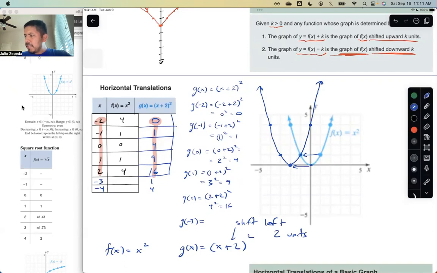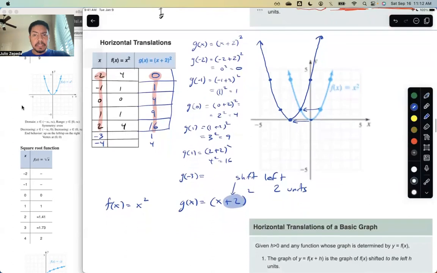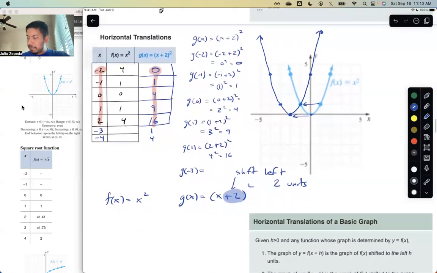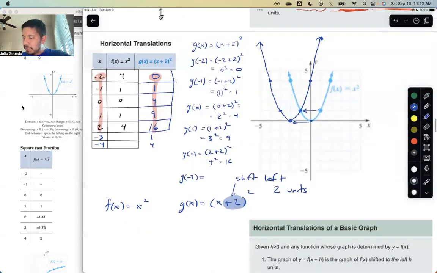Now, a lot of times students get confused because they say, well, it's a +2, so they expect it to go to the right 2 units, in the positive direction, but it actually goes in the negative direction. The reason for that is, let's just compare 2 of these points here. The point 2, comma 4 for the original function.